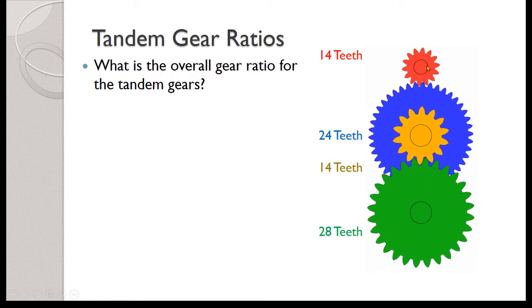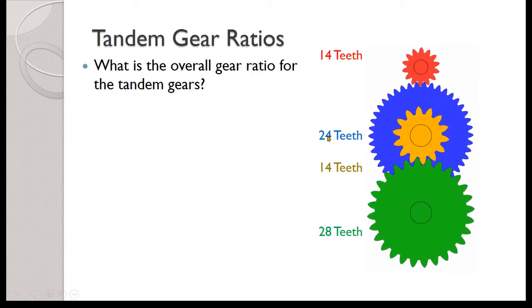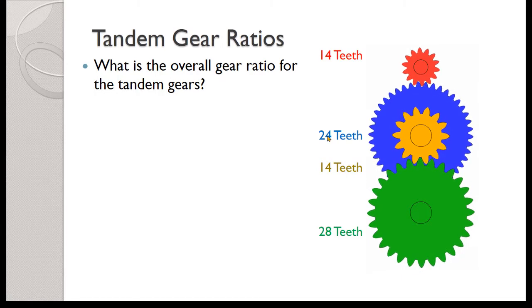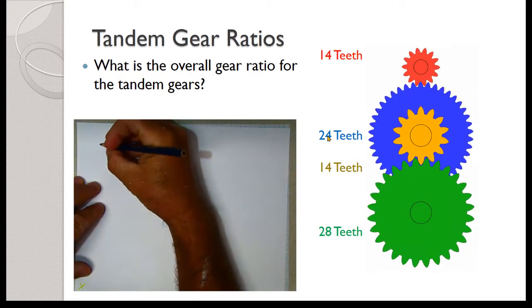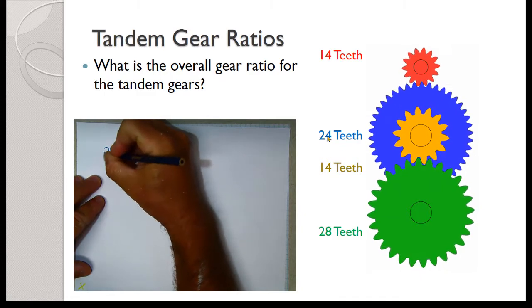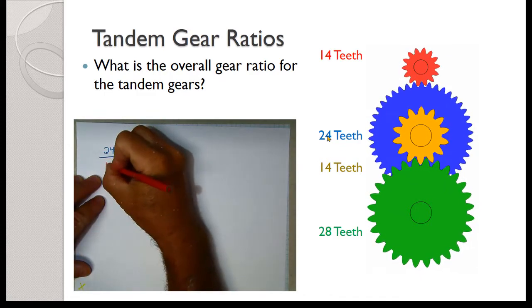First of all, we have the red turning the blue, or in other words, a 14 turning a 24. So if we take the driven over drive here, our gear ratio for red turning blue is driven over drive. That's going to be 24 driven by 14.